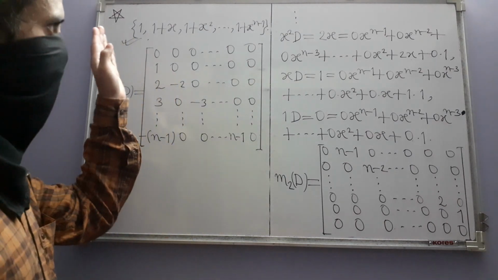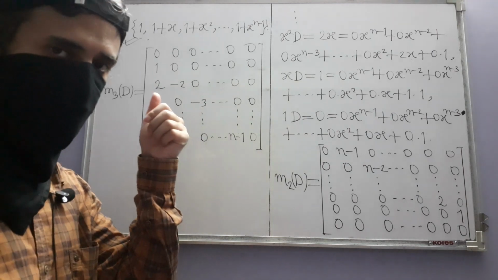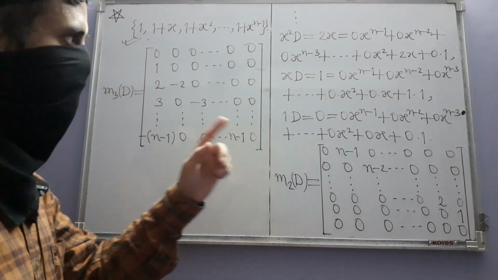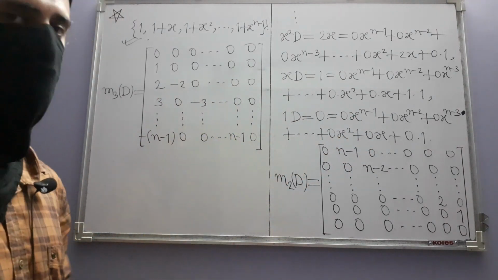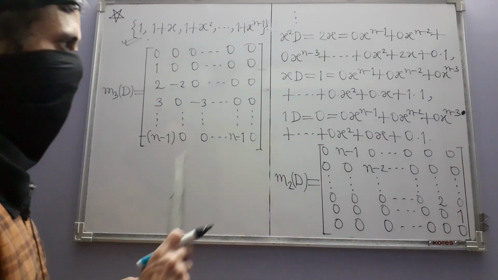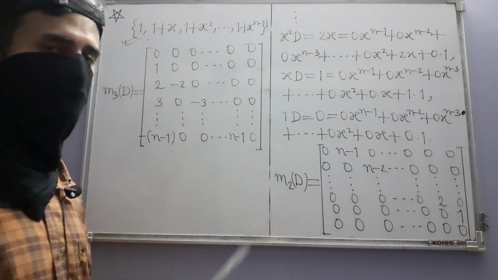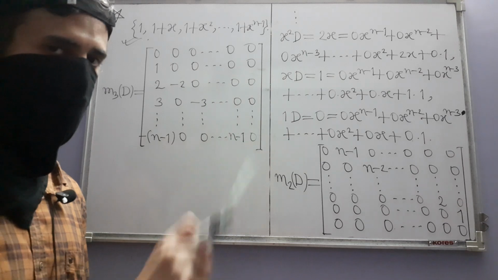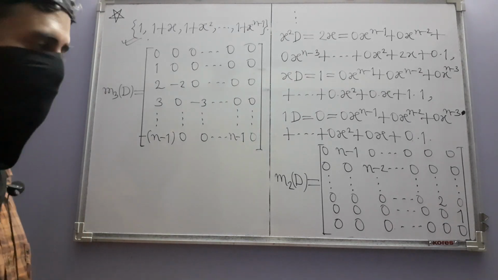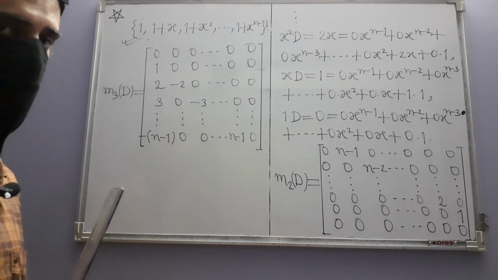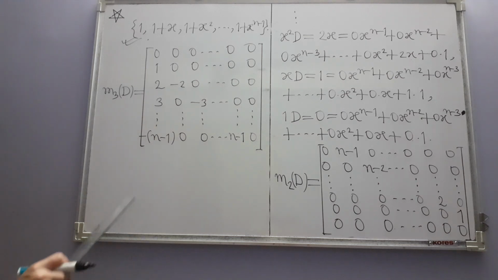When you try to write that D value as a linear combination of the basis vectors, you may need to actually do some calculations. It won't come as quickly as these other cases, these previous two cases. But that's it, that you have to do it. You will see that you are getting this matrix.